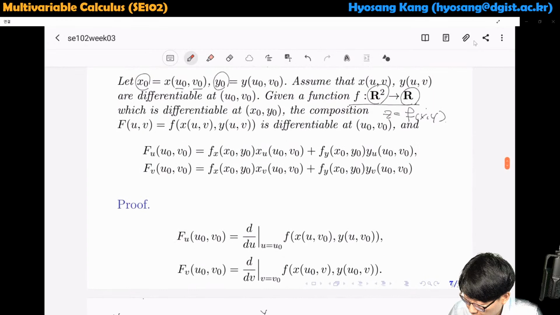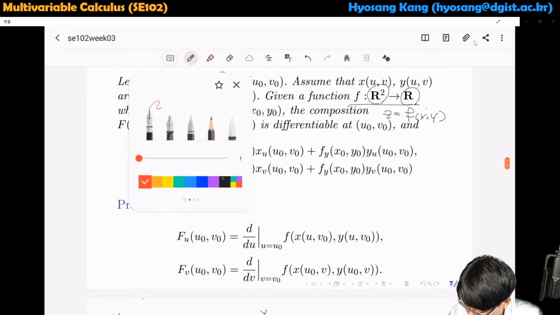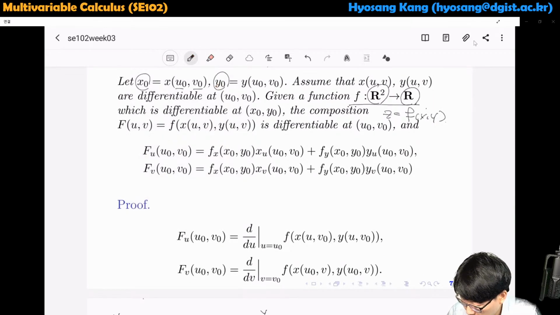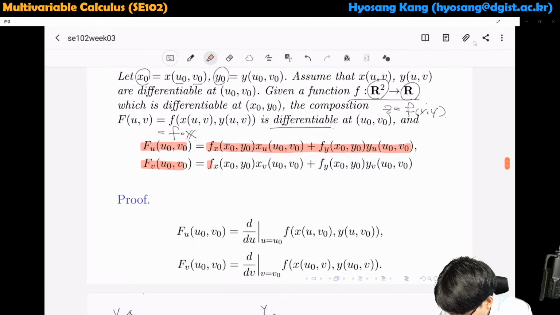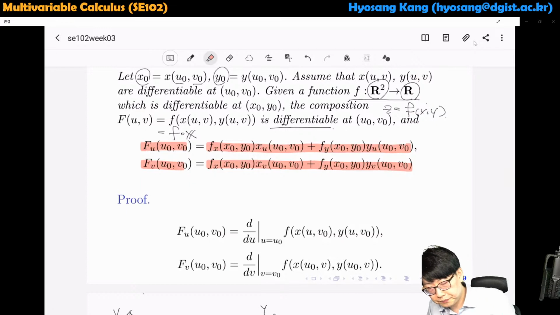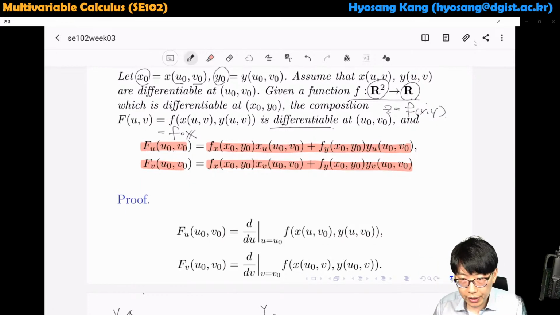So the result says this composition of x with f is also differentiable, and what is important is that the partial derivative of this new function obtained by composition is written as these. Let me rewrite this expression.